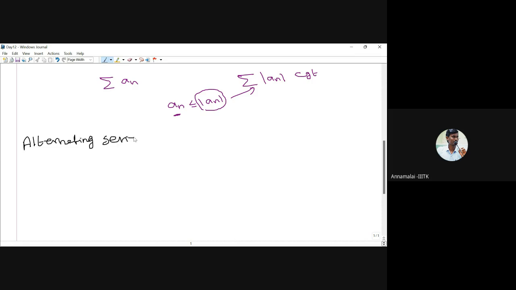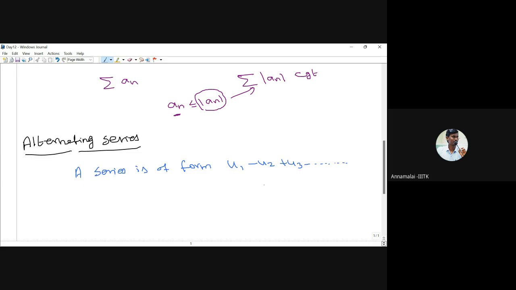A series of the form u1 minus u2 plus u3 minus u4 and so on, where the nth term is minus 1 power n minus 1 times un.